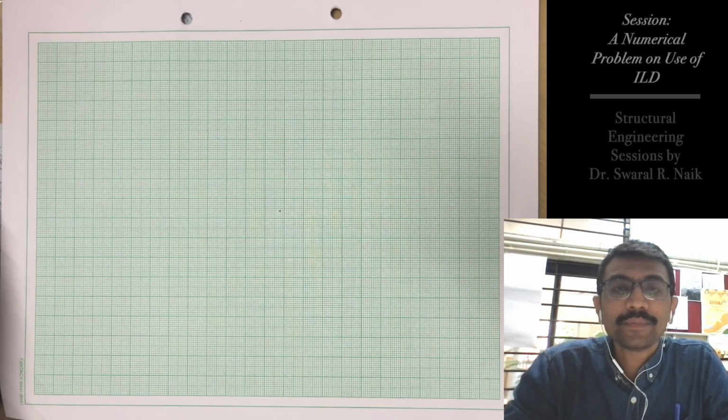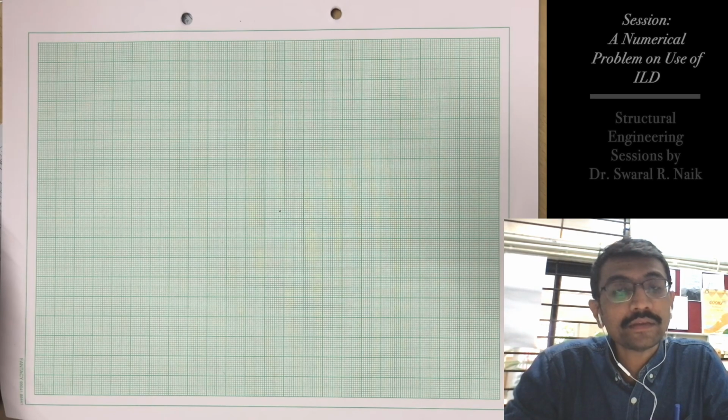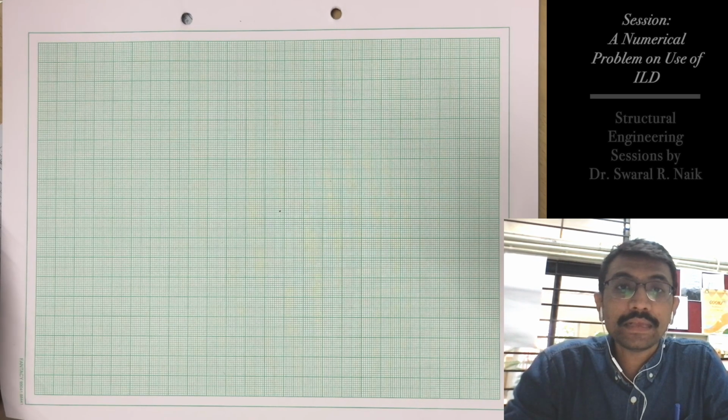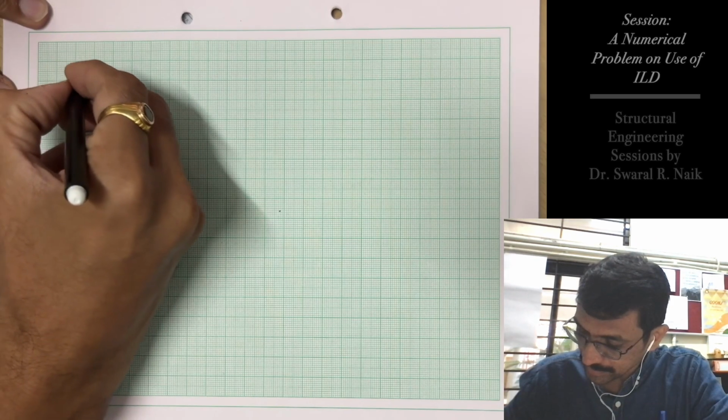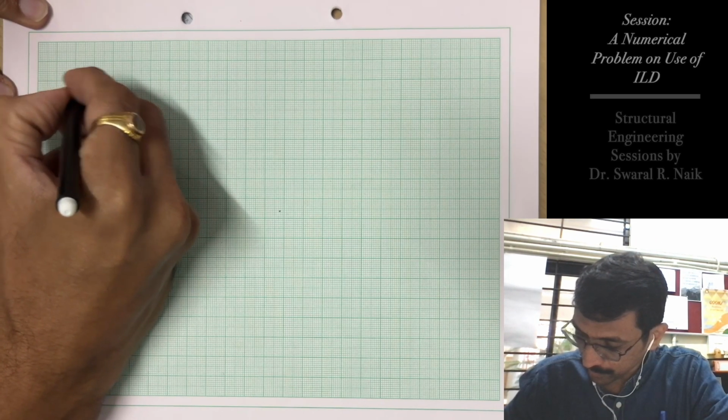Now we will see a problem related to the uses we have explained for the simply supported beam using influence line diagram. Let us use a series of point loads.